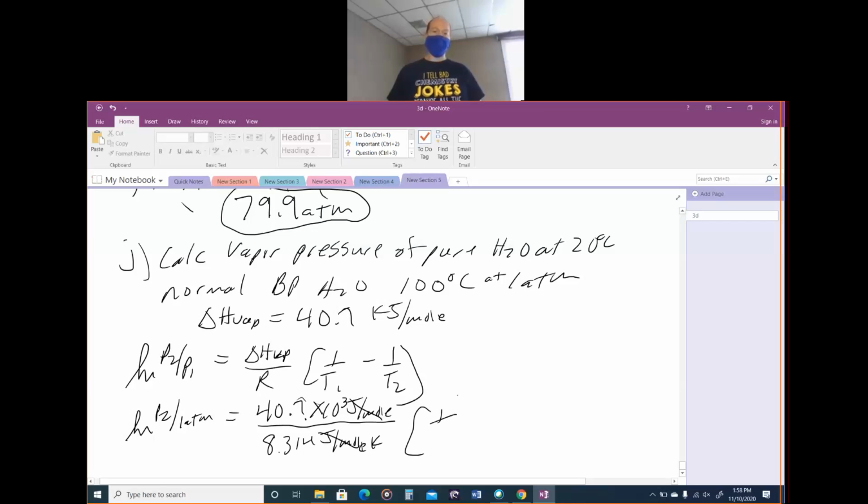1 over T1. All right, so our T1 is 100 degrees Celsius. Do not put in 100 degrees Celsius. Always in Kelvin. Add 273. So that's 373 Kelvin. Minus 1 over T2. We are at 20 degrees Celsius. Never put in Celsius. That is 293 Kelvin.